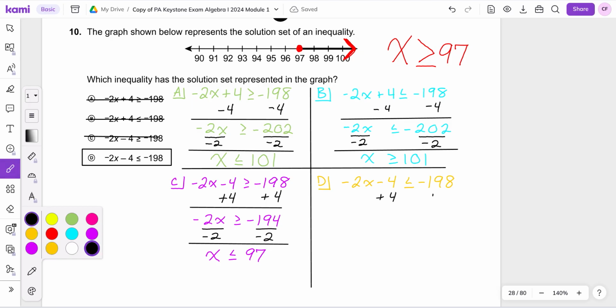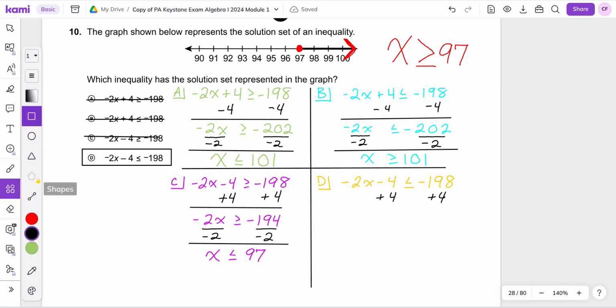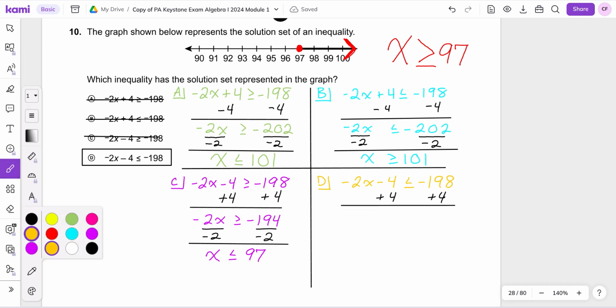Adding 4 to solve for x. We get negative 2x less than or equal to negative 194.